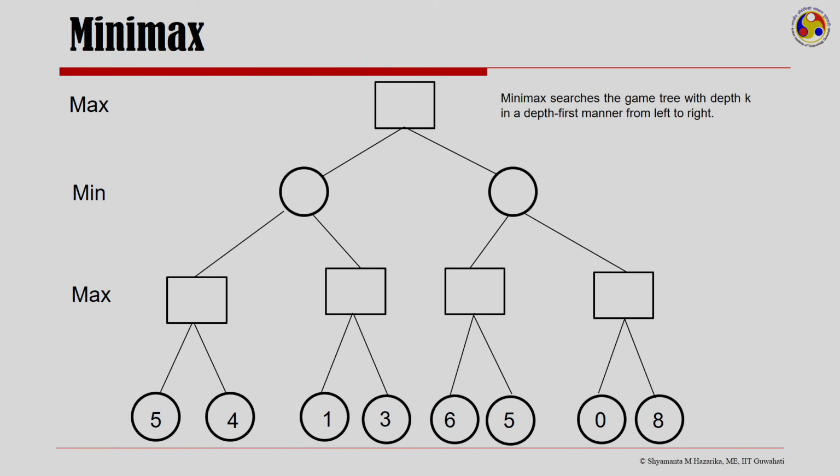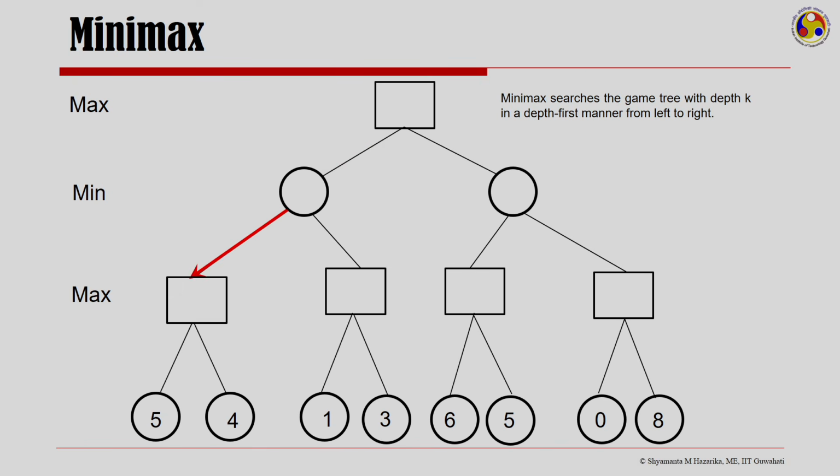So here is a game tree and all of its leaf nodes are marked. So let us now see how minimax searches the game tree with depth k in a depth first manner from left to right. It starts at the Max node, comes down one level, which is the level of the Min player.